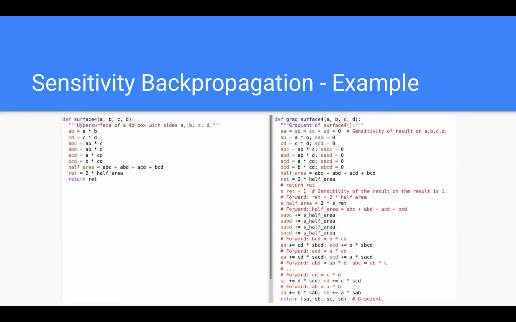So we have another such increment of SB early on. I just explained this. This is then the essence of sensitivity backpropagation, and it's actually natural to generalize this to the case where there are loops and other control elements in an algorithm.